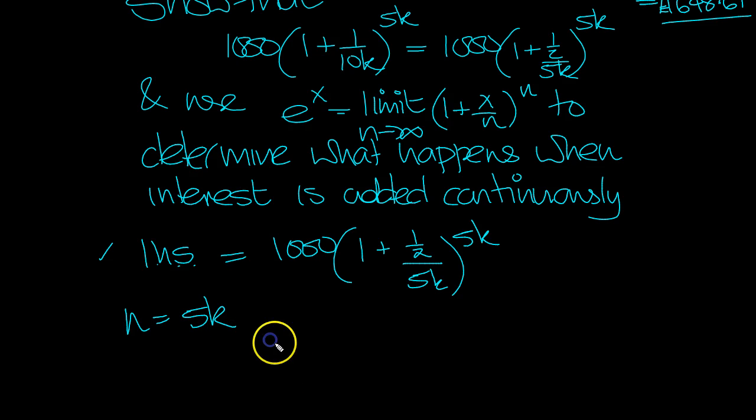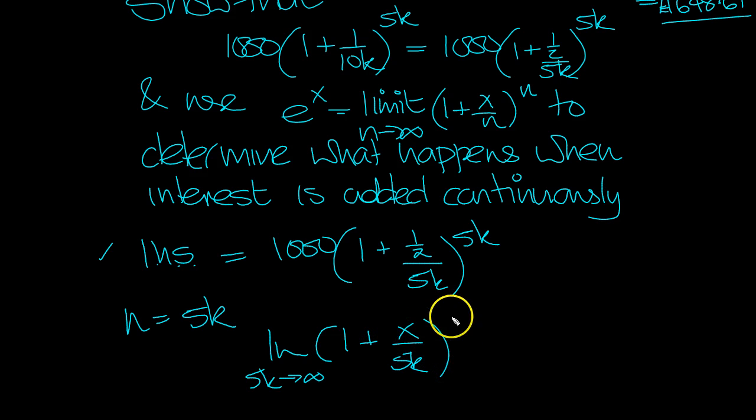Then we can say the limit as 5k tends to infinity of 1 plus x over 5k to the 5k is equal to, now that's e to the x, so what value of x is in? We put in a half, so that would be a half, wouldn't it? And that would be our x value, so it's e to the x.